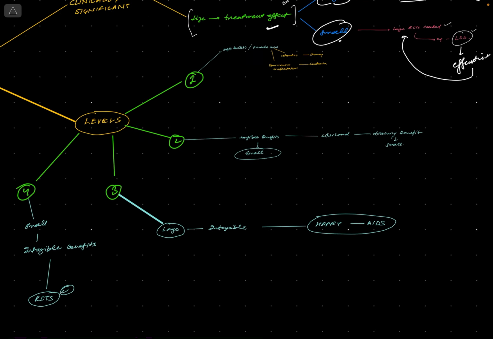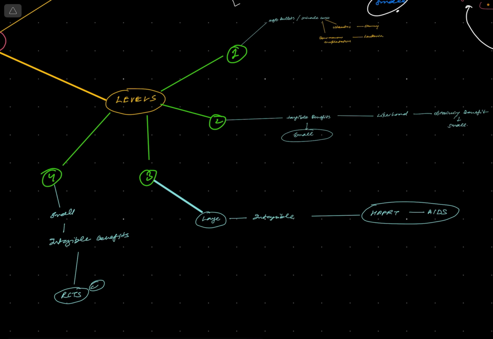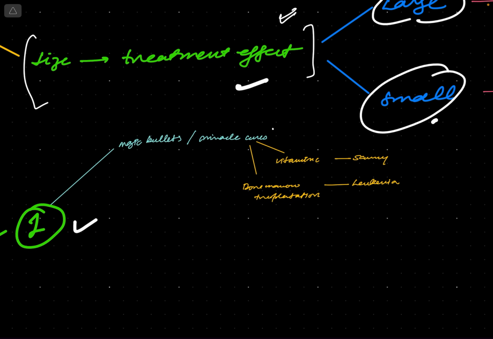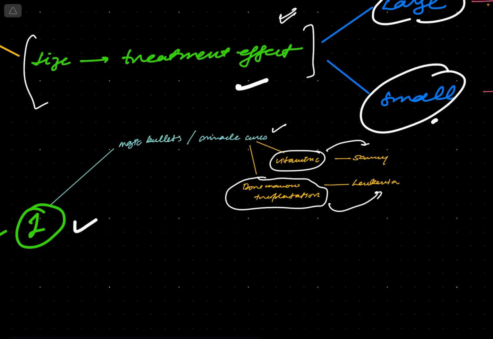Now, moving on to levels. So, levels basically level 1, level 2, level 3, level 4. Level 1 is of the highest quality. So here we are talking about magic bullets, as in miracle cures, such as vitamin C for scurvy. Then we have bone marrow transplantation for leukemia. So these were miracle cures.